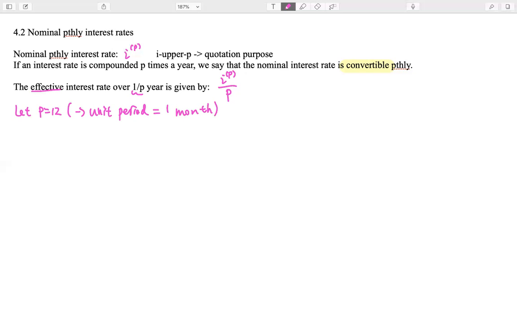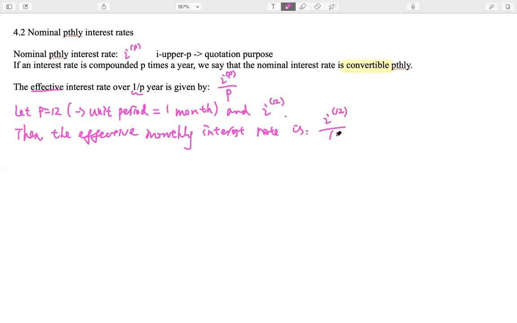If we are quoted I upper 12, then the effective monthly interest rate is I upper 12 divided by 12.